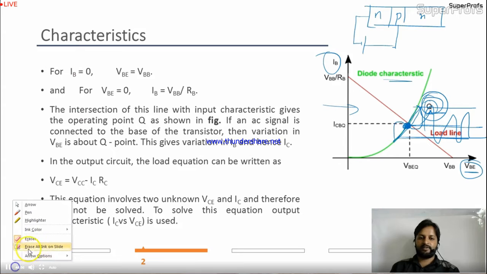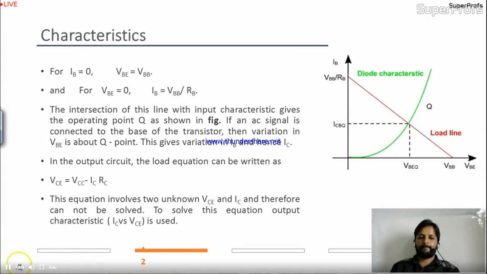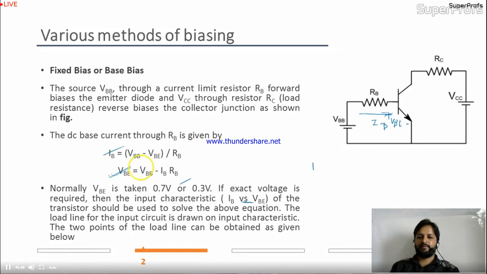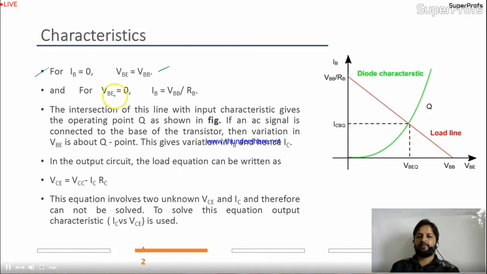Let's come to this point now. IB is equal to 0, so VBE equals VBB. According to this formula, if IB is equal to 0, both are the same. There is no potential difference, so no current. And for VBE equal to 0, IB equals VBB by RB.